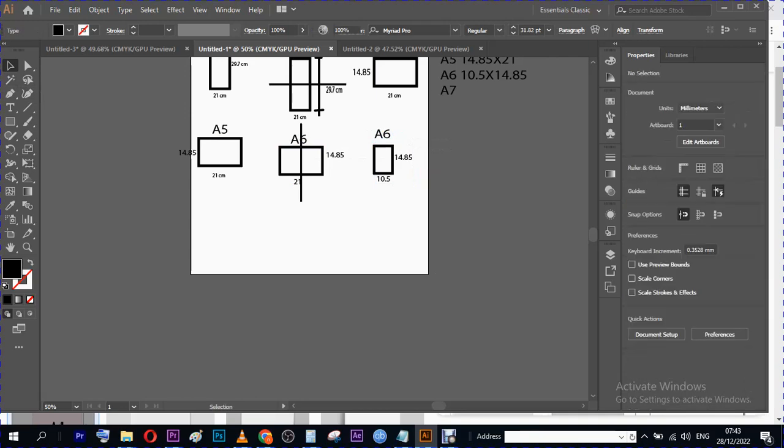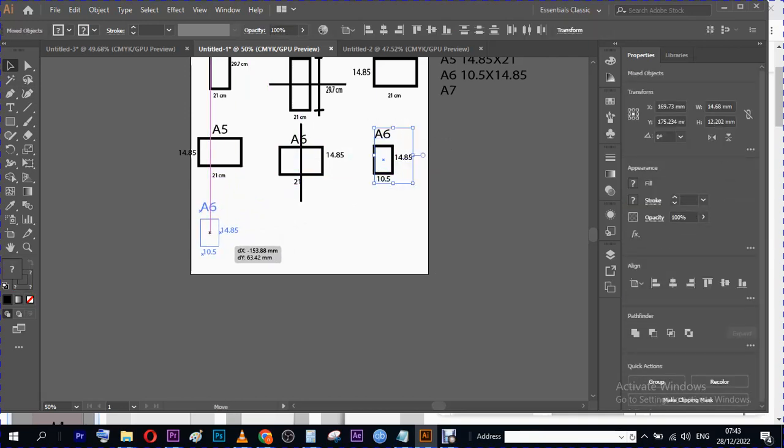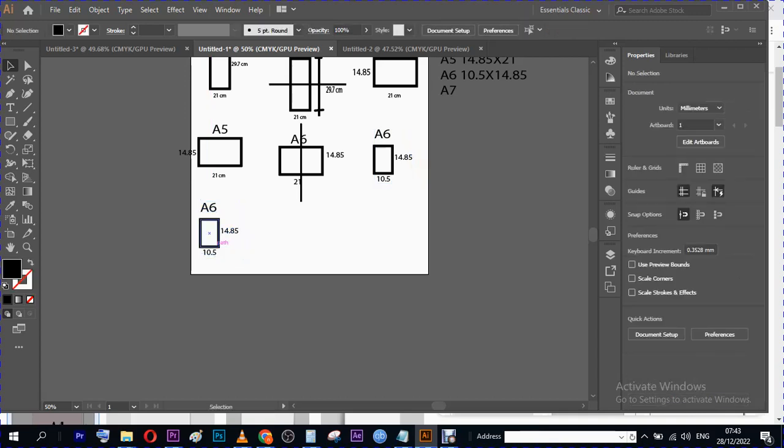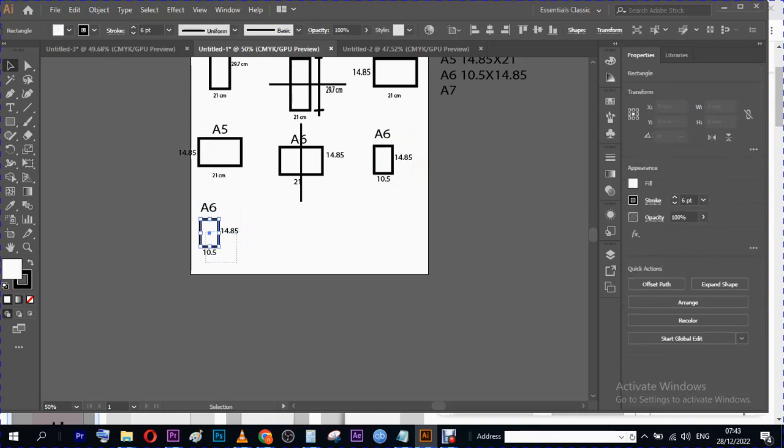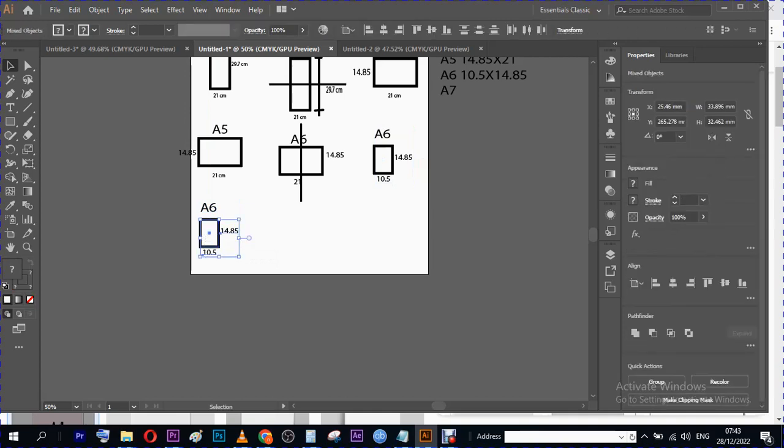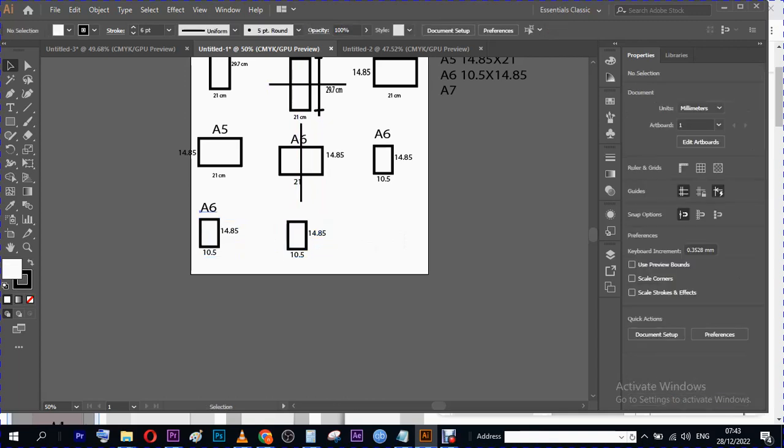So with this A6, if we bring it down, we want to create an A7. So this is it.